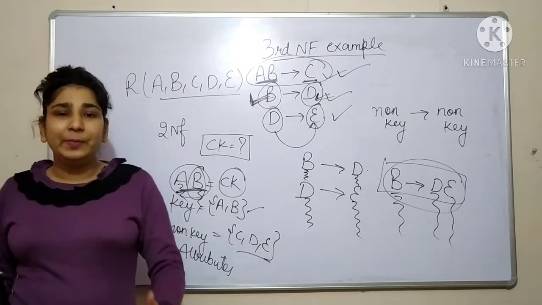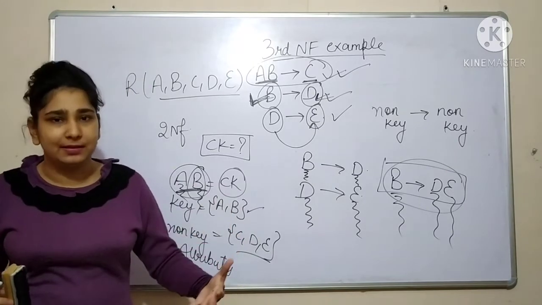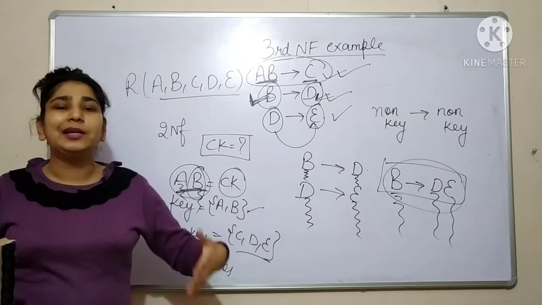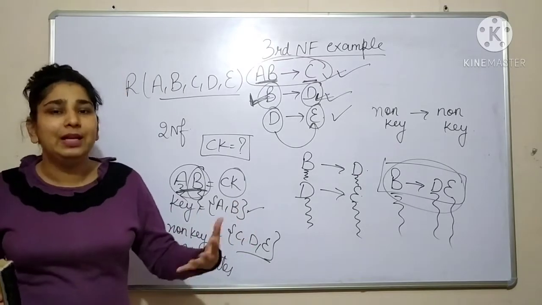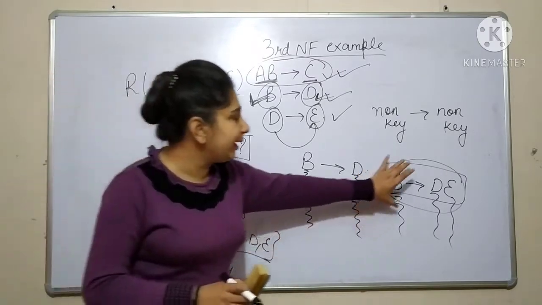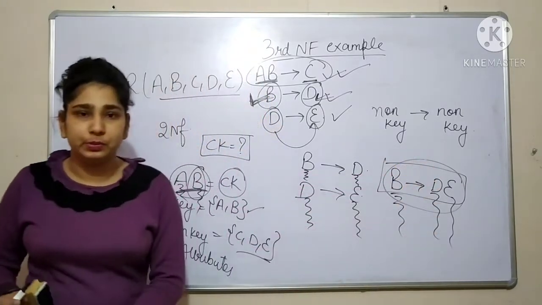So what does it mean? For one value, a lot of duplication is present. For one value, you are placing it 10 to 20 times in your relation. So we have to make a separate table for these duplicated values.